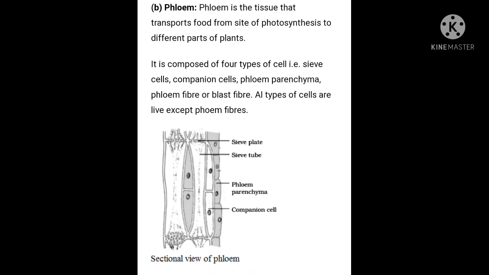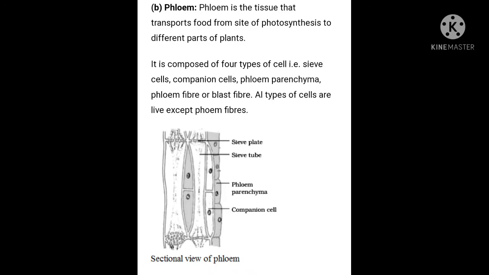As you all know, plants prepare their own food by the process of photosynthesis, and leaves are the kitchen of the plants. So phloem transports the food from the site of photosynthesis to the different parts of the plant.